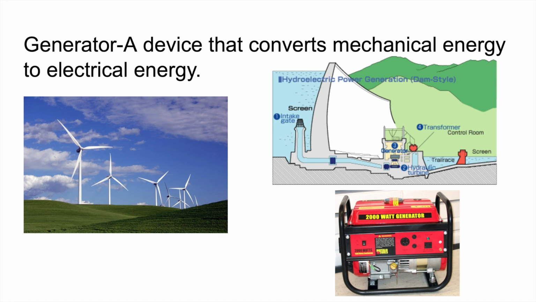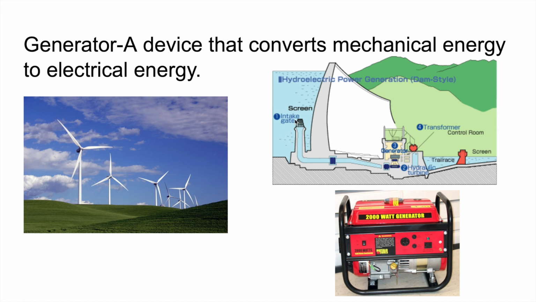All right, the next slide is all about generators. A generator is a device that converts mechanical energy, motion, to electrical energy. Some of you at home may have a generator. In case your power goes out, you can plug things in, start that up, and the gas engine creates mechanical energy and converts it into electrical energy, which is the same thing that happens at a hydroelectric power plant.